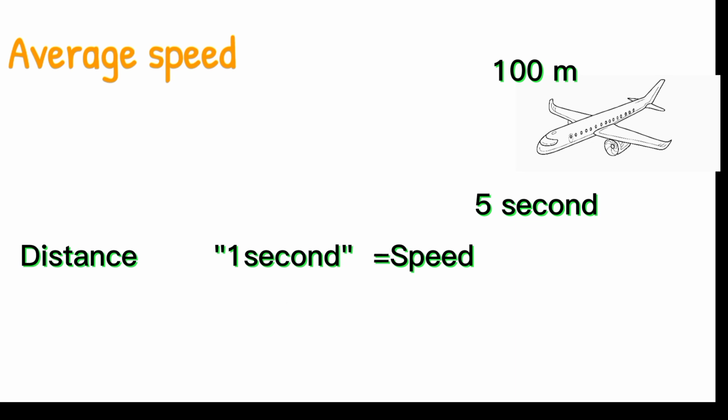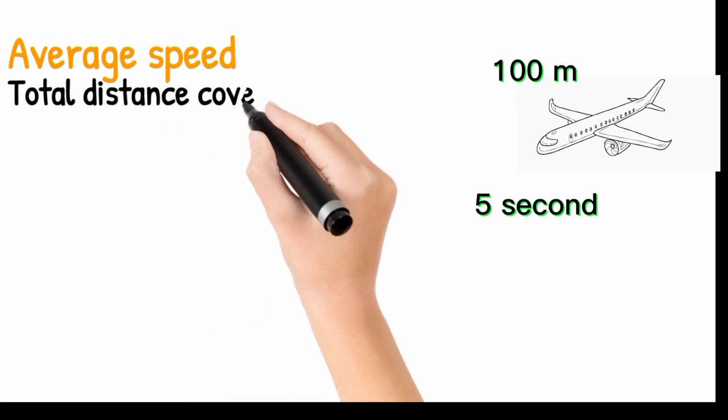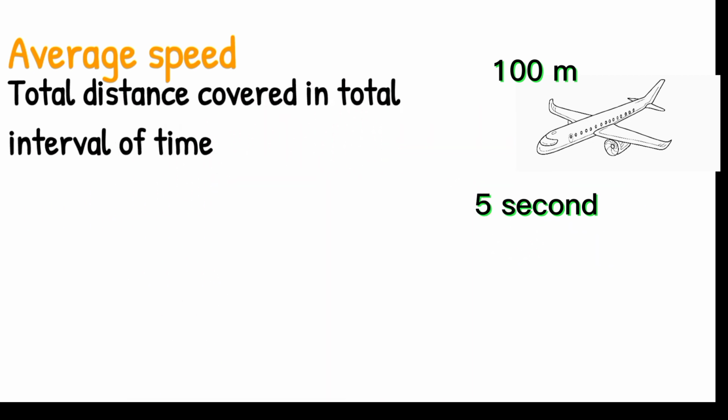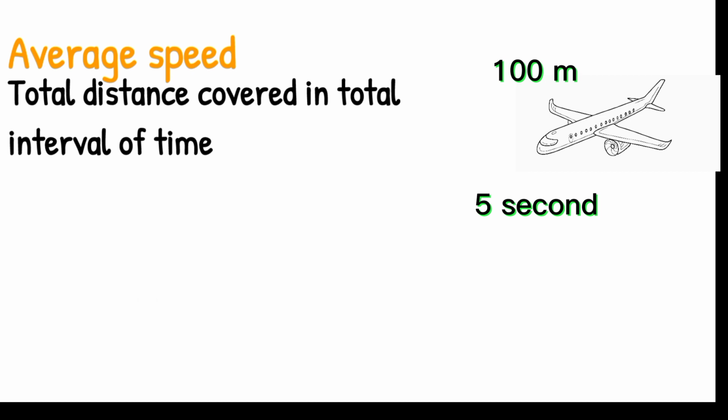So, in this condition, the speed will be equal to total distance divided by total time. So, this type of speed is called average speed. So, we can define average speed like this: total distance covered in total time is known as average speed. Like the aeroplane, when we divide total distance by total time, we will get 20 meter per second. So 20 meter per second is the average speed of the aeroplane.